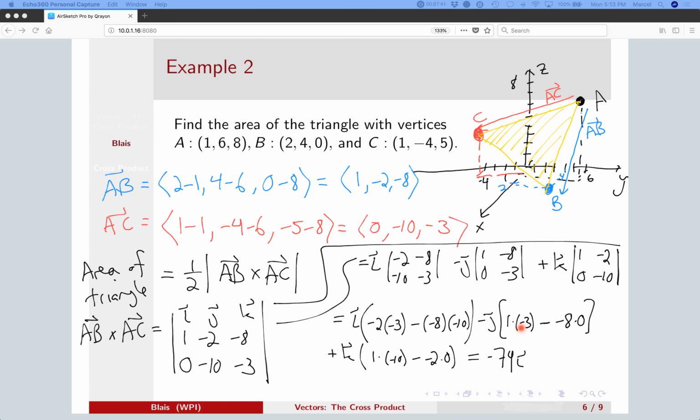So this is a minus 3, but there's a minus sign out front, so that's plus 3j. And here we have 1 times negative 10 plus 0, so plus 10k. Or the vector minus 74, 3, 10.